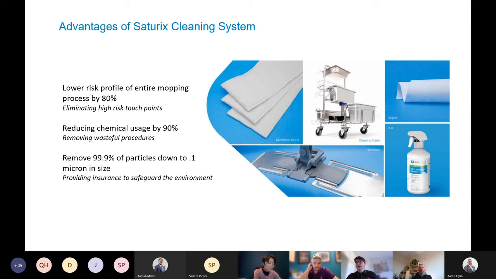Great, thank you. Next question is, can you reuse the mopping cloths? Reuse the mopping cloth? Oh, you mean the mop head? Mop heads. I believe so. Yes. So these mops are positioned as disposable mops.